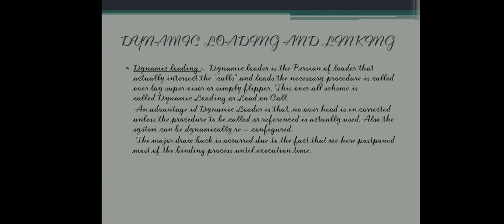Next, dynamic loading and linking. Dynamic loading is the portion of the loading that intercepts the calls and loads the necessary procedure. It is also called overlay, supervisor or simply flipper.